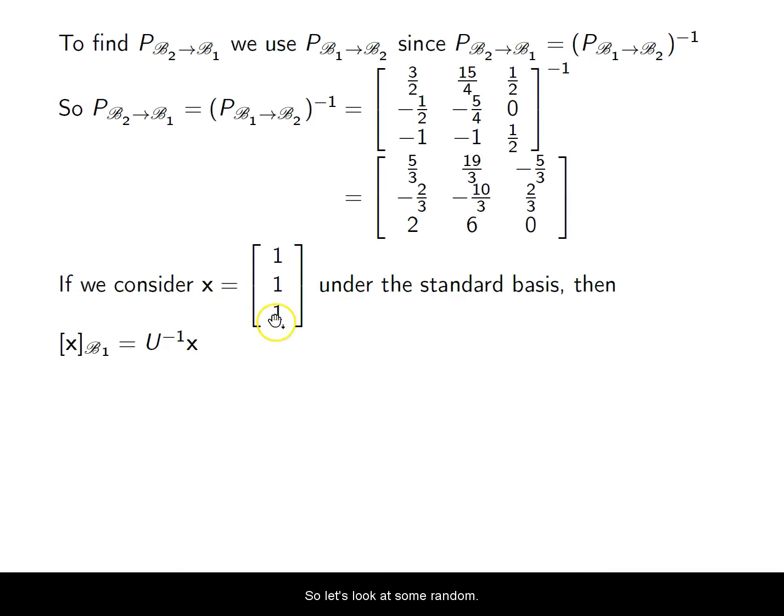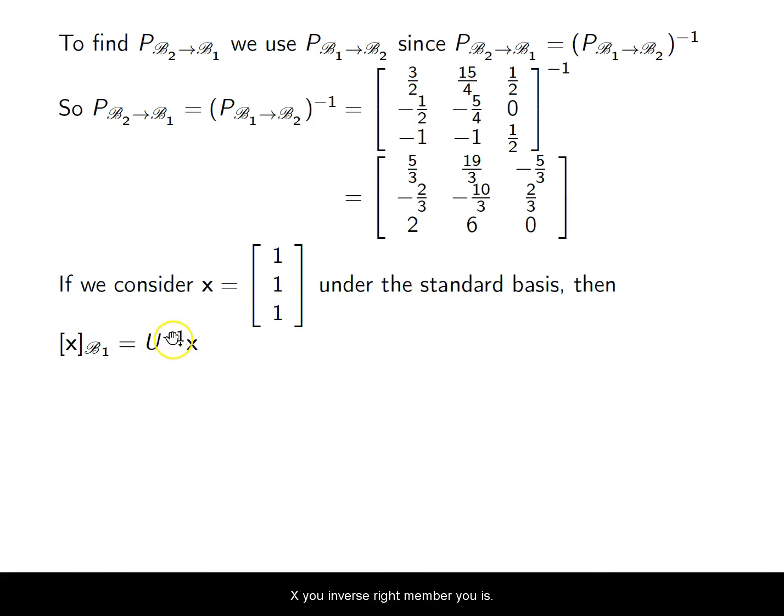So let's look at some random vector. Let's say 1, 1, 1 in the standard basis, so nothing weird going on here. If I want to look at x in B1, I have to multiply it times U inverse.